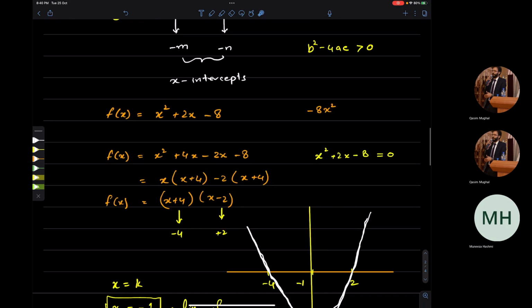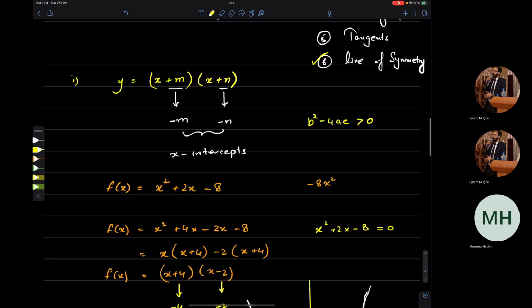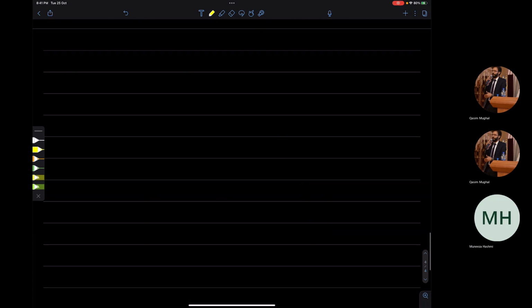All right, now the next thing is this format over here, which you will obtain by completing the square. Now for example, you have the question: x squared minus 2x plus 2. f of x equals this.